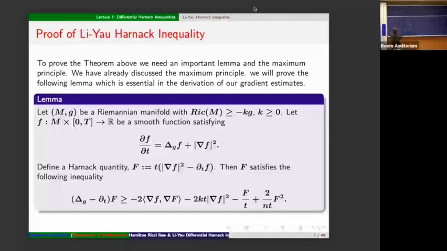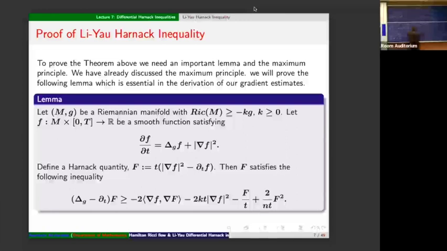So at the maximum point, what happens? We can apply the maximum principle. We know that at the maximum point, using the maximum principle or the second derivative test, as we explained the other time, the gradient of f at x naught, t naught, the maximum point, will be 0.